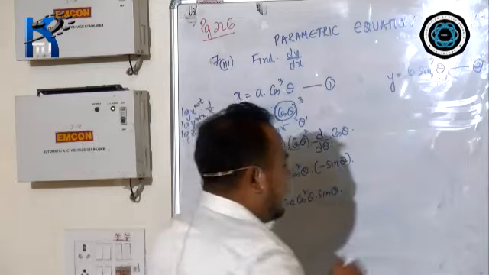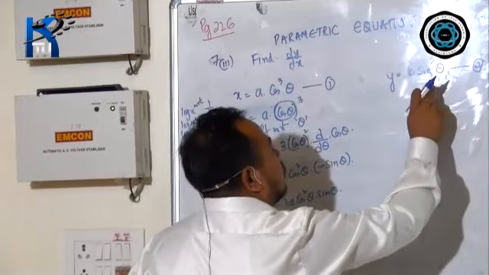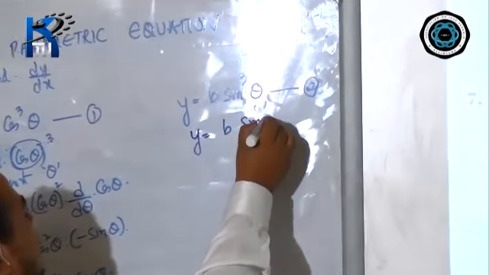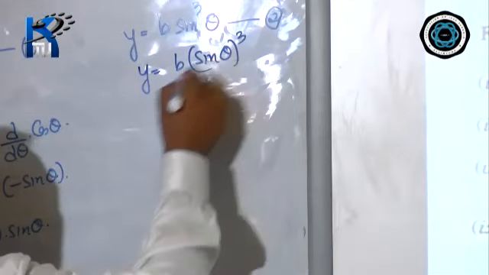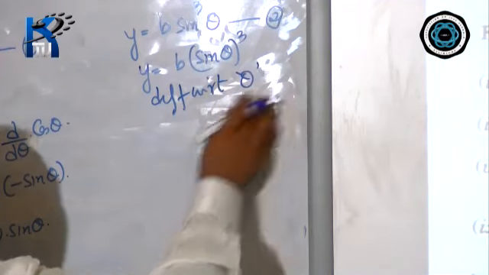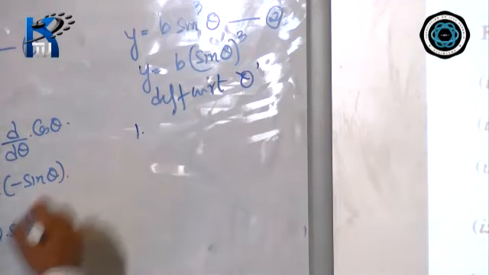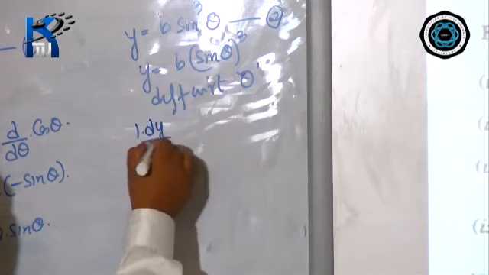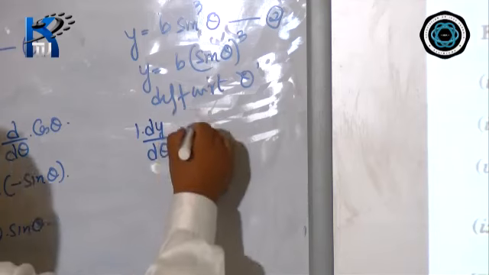Let me explain that one more time while I do this problem. So y equal to b sin theta whole cube, and the common variable is theta. Differentiating with respect to theta: the differential of y is 1, but y with respect to theta is different, so dy by d theta equal to b.